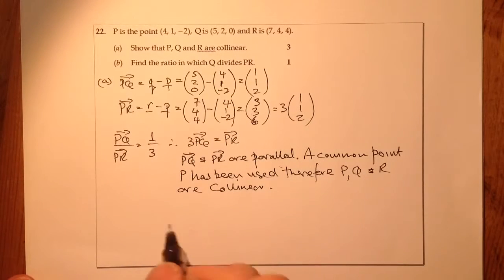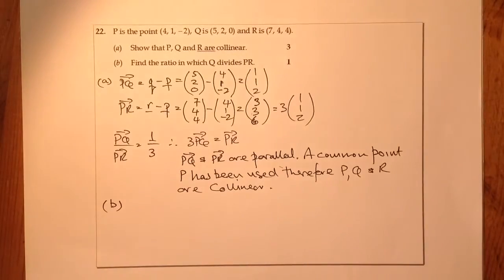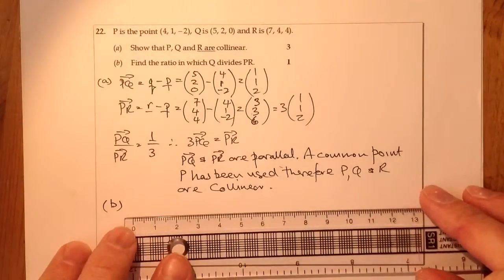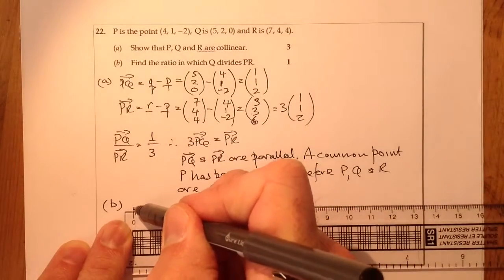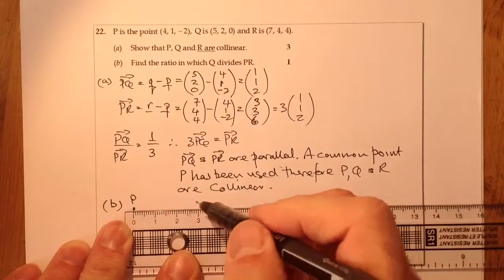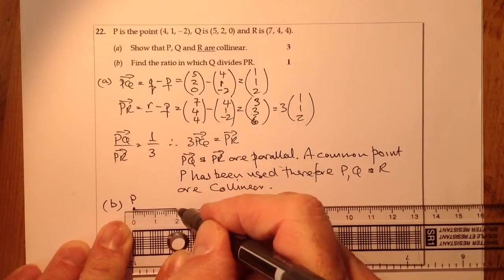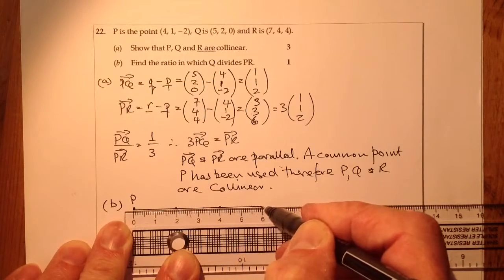Right, for part B, what we have to do is find the ratio in which Q divides PR. So let me just draw the line of what I would think that should look like. So I know that this will be the point P, okay. If I move along from here, just go along this size here, just another one, and there.